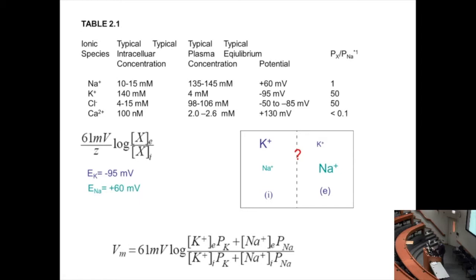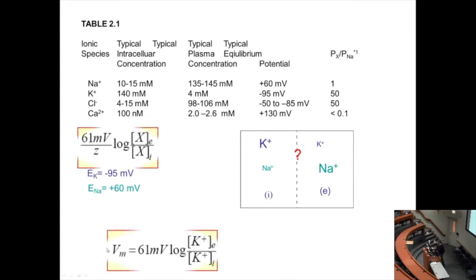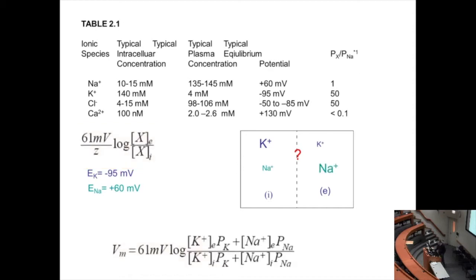And now we have an equation where we can plug in both potassium and sodium, and with the permeabilities, in this case we'll call it 1, in this case we'll call it 50, you will get a membrane voltage, okay? And I want you to notice before we move on that if I take sodium out and make this membrane only permeant to potassium, the Goldman-Hodgkin-Katz equation reduces to the Nernst equation.